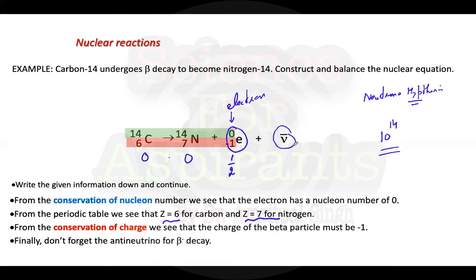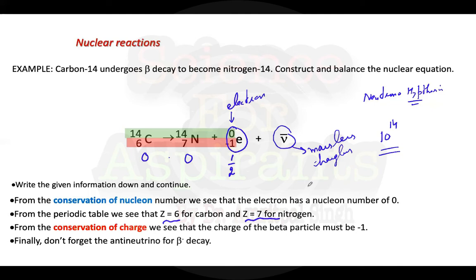Why does this neutrino particle not affect our body? Because it is a massless particle and a chargeless particle. It does not have any mass or any charge, so it does not interact with matter, and if it does not interact with matter, it will not ionize the matter through which it passes.